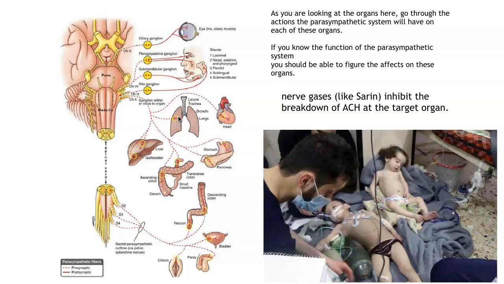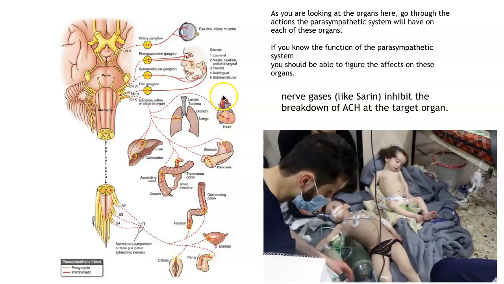Massive bronchoconstriction. Those airways are going to be constricted, so there's limited airflow getting into the lungs. And you've got massive goblet cells making massive amounts of mucus. So you've got mucus in the airways. Your air tubes are constricted. Airflow can't get in. Goes to your heart. It's going to slow this heart rate down.